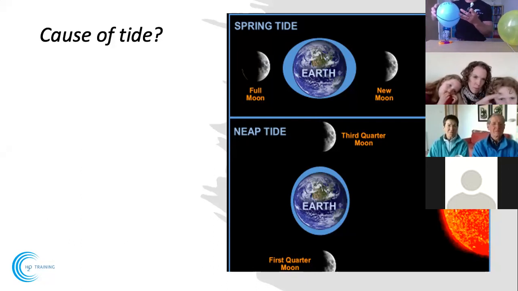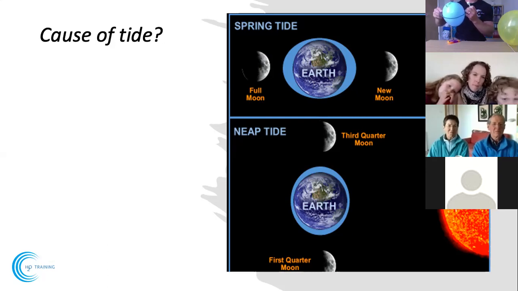Now, in addition to that, every action has an equal and opposite reaction. So when the moon, which is here, pulls the water to this side, we also have another action which is on the other side of the earth. So if you were stood on this side of the earth, the water would be really deep. It would be high tide.